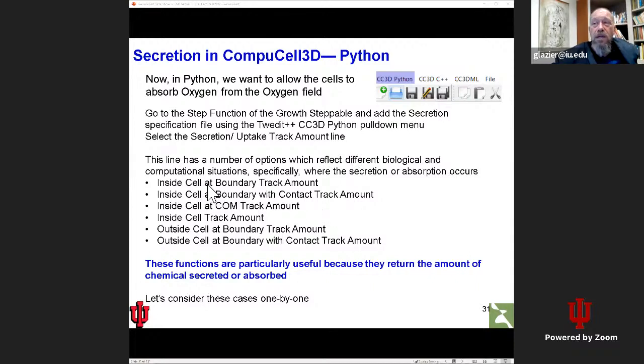And again, inside cell at boundary, track amount, inside cell at boundary with contact, track amount, inside cell at center of mass, track amount, inside cell, outside cell at boundary on contact. There are a lot of them. As I say, not all of them will show up in that list.